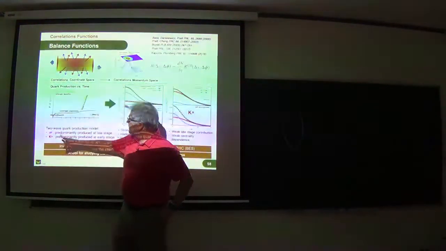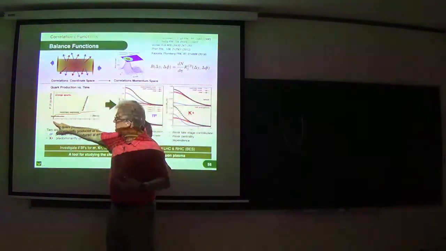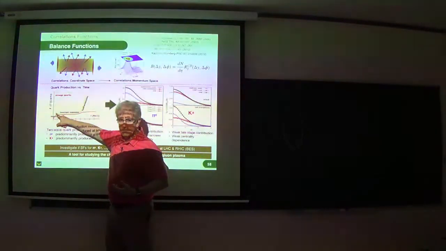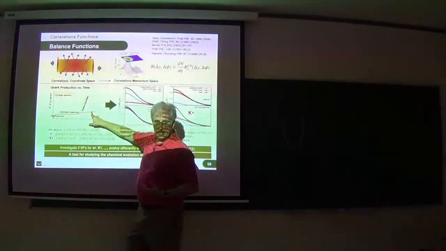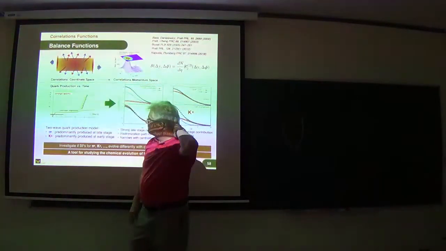So the idea is that you have the synthesis of strange quarks and up-down quarks at the beginning and at the end. So you have a two-phase production of quarks.